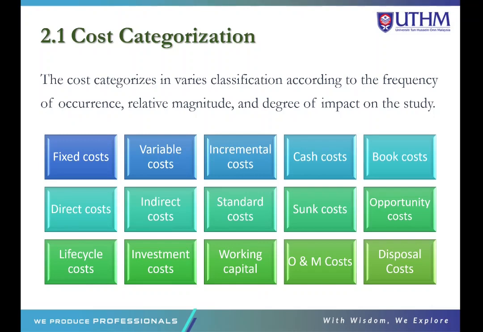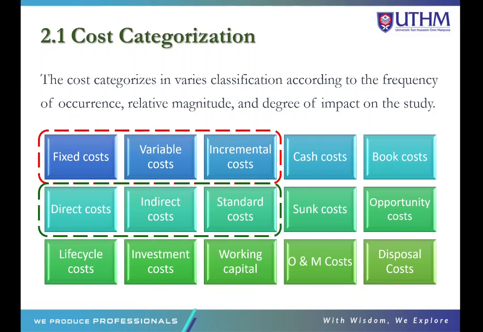What we can see here is 15 types of costs, but they are not classified under one category, but into several categories. First is fixed costs, variable costs, and incremental costs. We'll look at this one from one perspective.